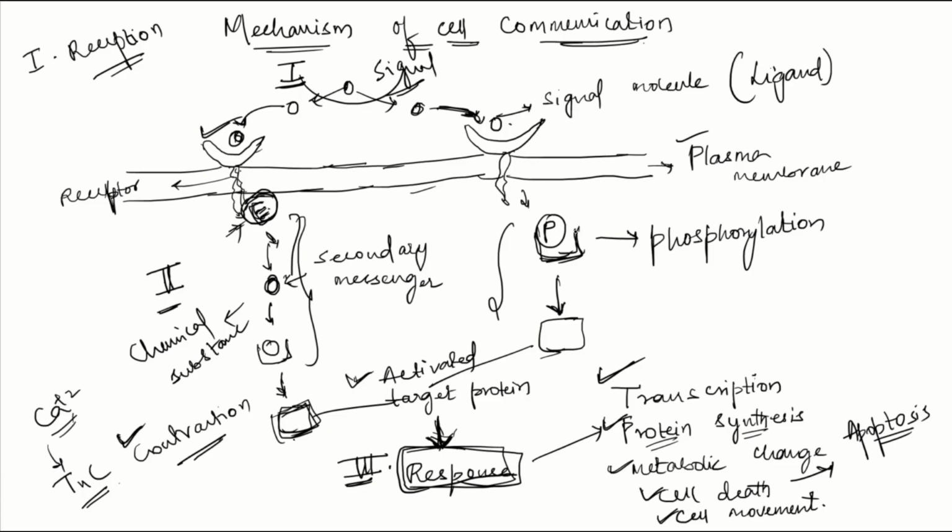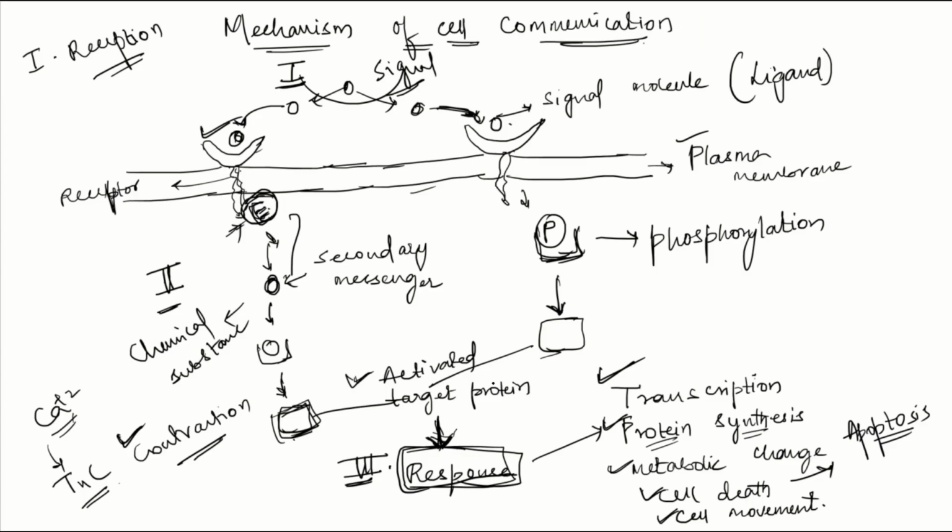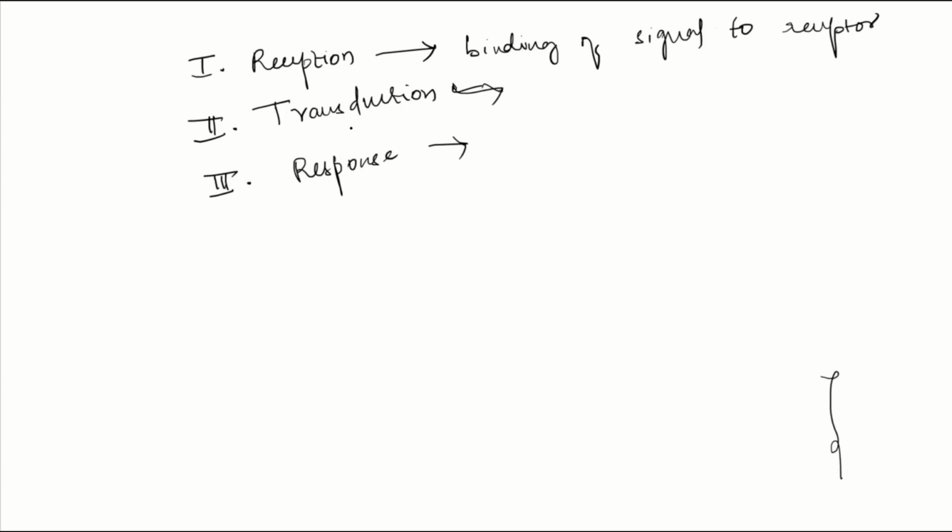Basically these are all the transduction of the signal molecule. And response: when the target protein, or the organelle or function which we want to enhance or inhibit, is activated, it shows a response. It can be transcription, protein synthesis, and there are still more responses. When these responses are generated, this is called the response generation step.